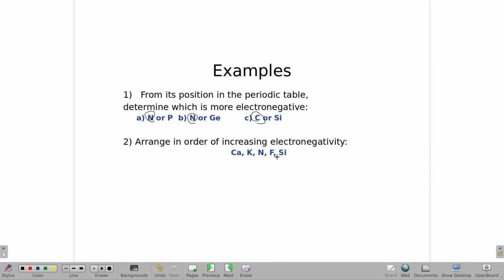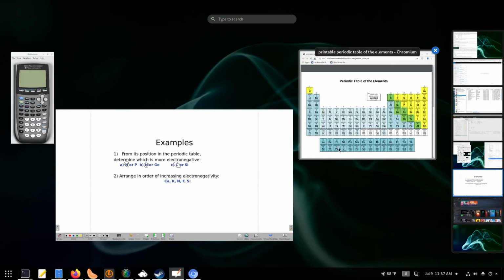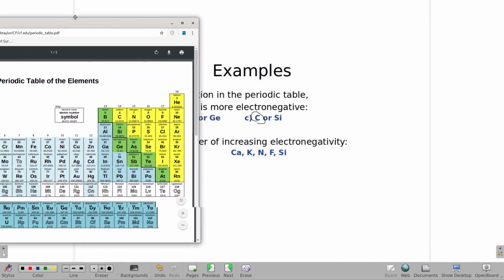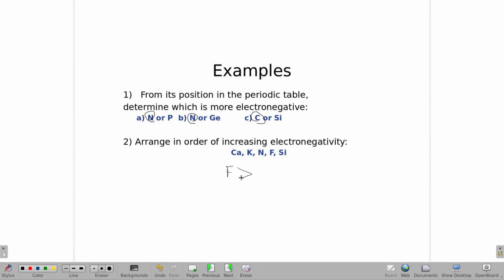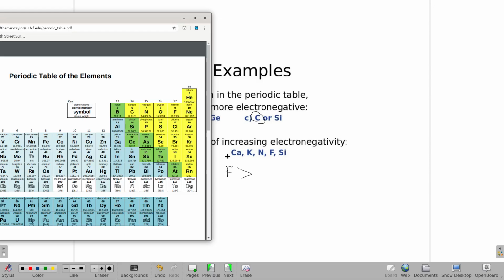All right, now we're going to rank all these: calcium, potassium, nitrogen, fluorine, silicon. We're going to put the highest first. It doesn't really say. So if I were ranking these, the closest one to fluorine is fluorine, so that must be the highest, the largest. So I'm going to put it first. All right, after fluorine, in our nonmetals, we have nitrogen and silicon.